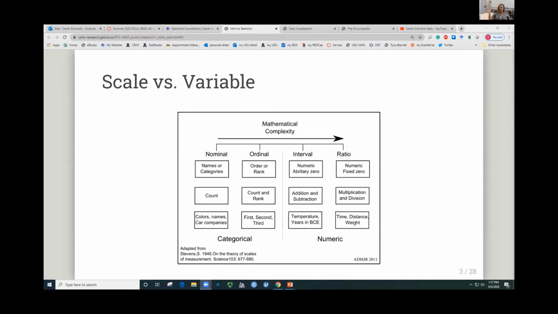But here's the reason that we even talk about all this stuff. When we do mathematical steps, add, subtract, multiply, divide, square root, all of these calculations are not appropriate unless the numbers we're adding, subtracting, multiplying, dividing are interval ratio scales.